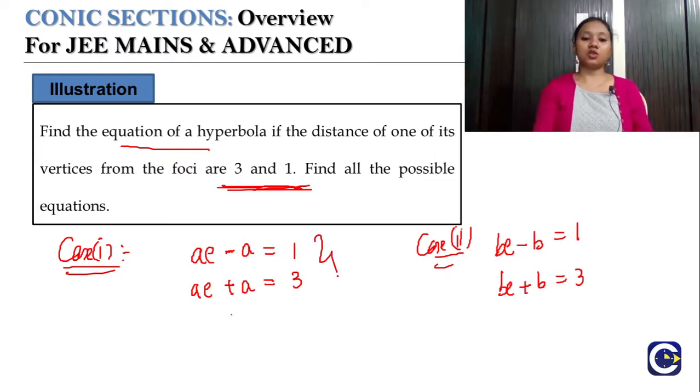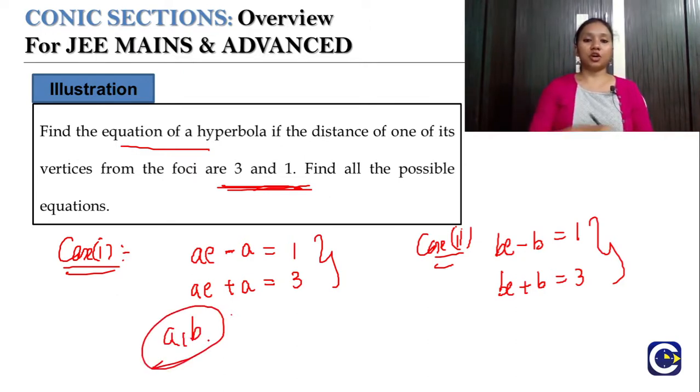Once you figure out these conditions for both cases, you have to find the unknowns. Here we have two equations and two unknowns, a and e, so it's simple to find their values. Once we have a and e, we have a relation between a, e and b, so we can substitute the other two to find the third unknown. If we have all the values of a and b, then we can easily find the equation of the hyperbola.